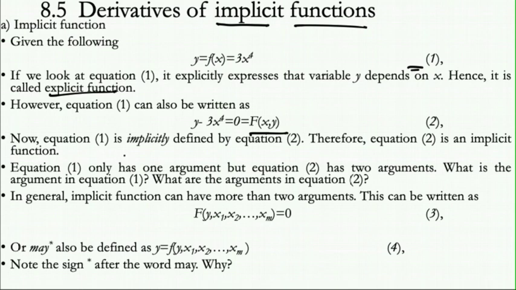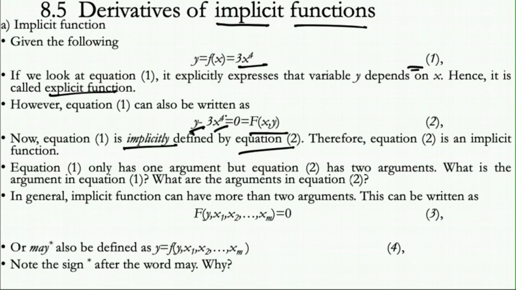Now, equation 1 is implicitly defined by equation 2, so equation 2 is an implicit function. In equation 1 we only have one argument, but in equation 2 we have two arguments. What is the argument in equation 1? Obviously, it is x. What are the arguments in equation 2? The arguments in equation 2 are y and also x, isn't it?